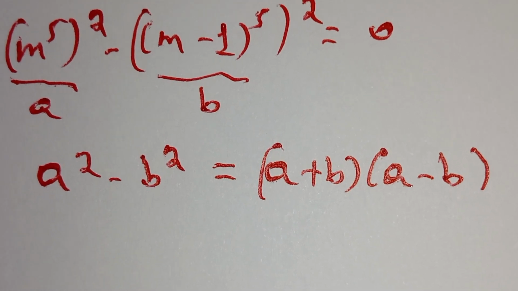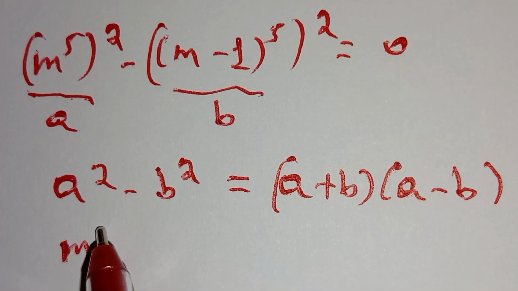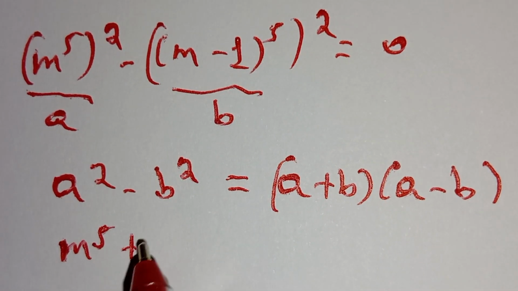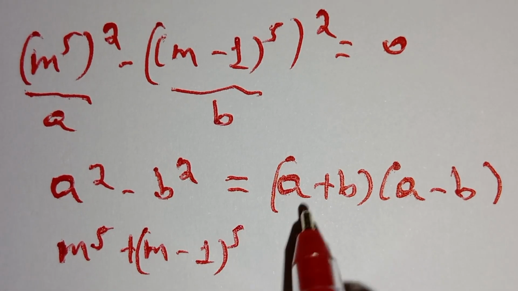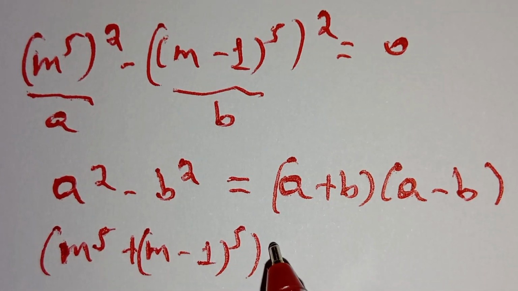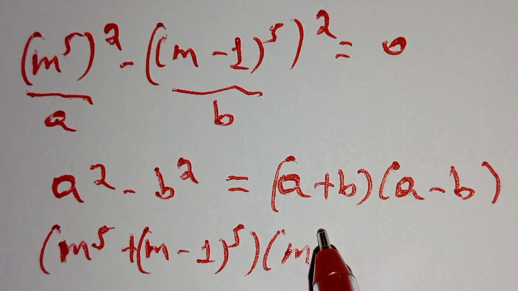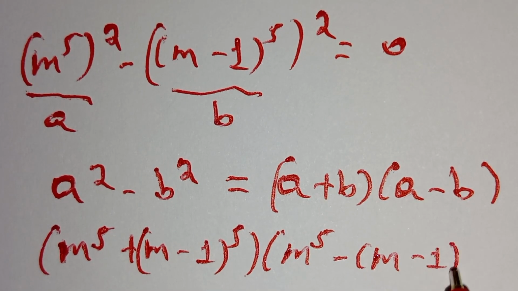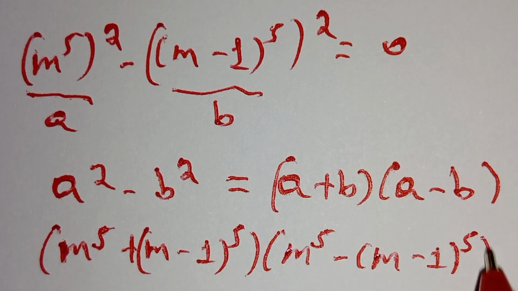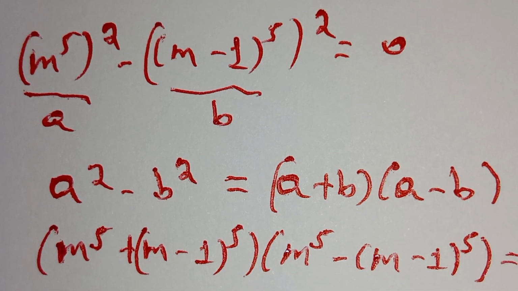Based on this, (m to the power of 5 plus (m minus 1) to the power of 5) times (m to the power of 5 minus (m minus 1) to the power of 5) is equal to 0.